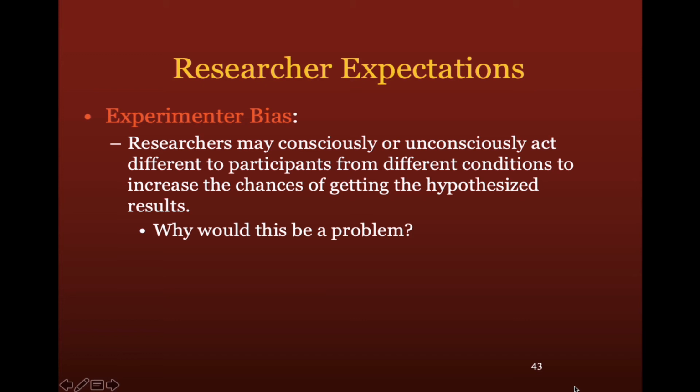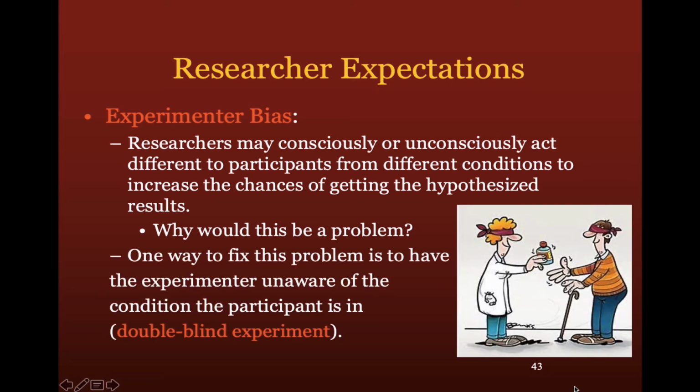One way to avoid this is by keeping them blind to the study as well. So they don't know what condition people are in. Oftentimes, they won't even know exactly what the study is about. So when that happens, there's no way for them to either consciously or unconsciously do things to get the participants to act in line with the study's hypotheses.